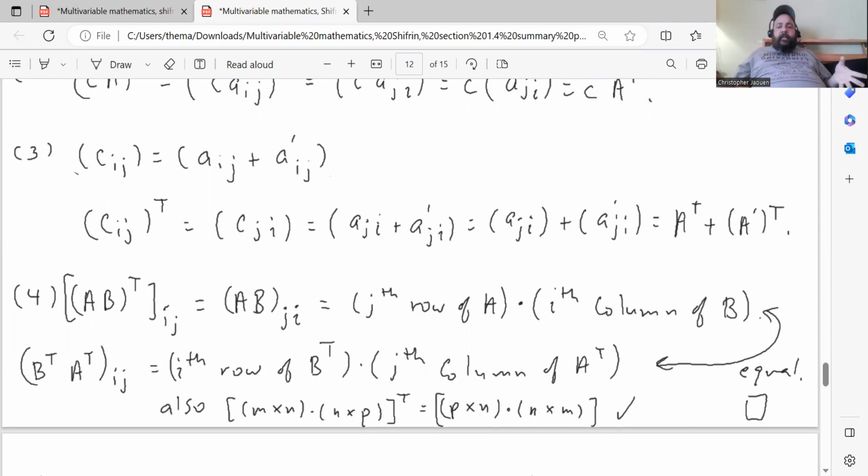But the jth column of A transpose is equal to the jth row of A, and vice versa, and likewise for B transpose, so you get the exact same thing. All the entries are the same. Therefore, AB transpose is B transpose A transpose. Also notice that if you check the dimensions, they work out. All right, so that's the proof of those propositions.